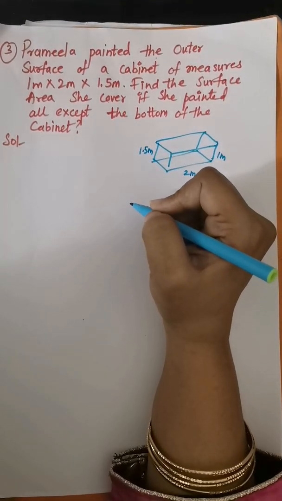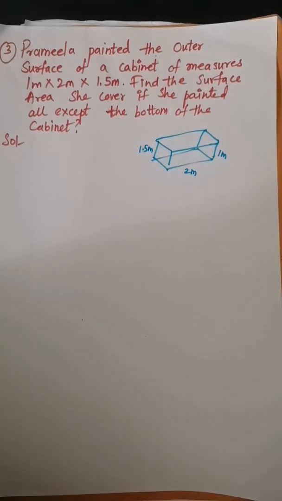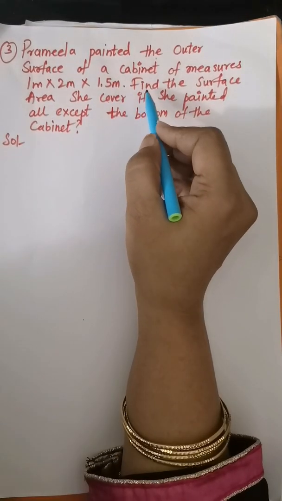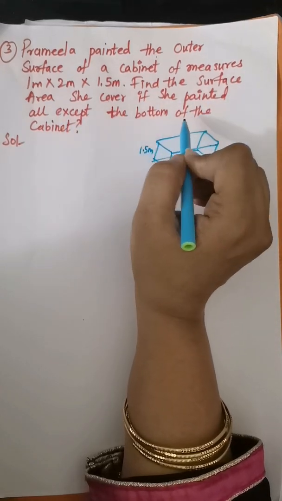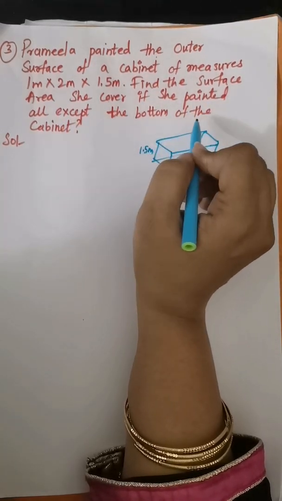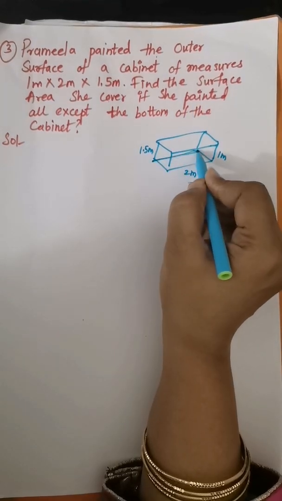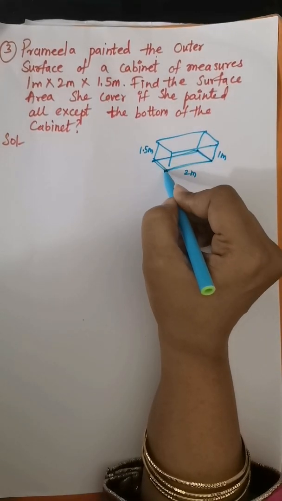Okay, children. Now you will have to find the surface area she covered if she painted all except the bottom of the cabinet. She did not paint the bottom.